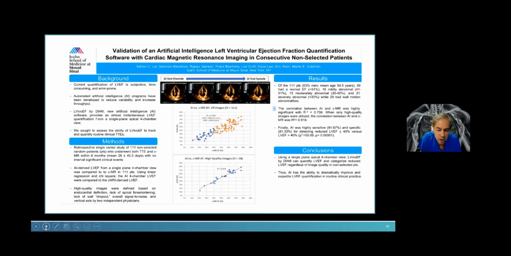And when we took those images that we thought were very high quality, the correlation was even higher. So we were very, very pleased to have an automatic, unretouched, very, very rapid quantification artificial intelligence, which we demonstrated to correlate very, very highly with the gold standard CMR.